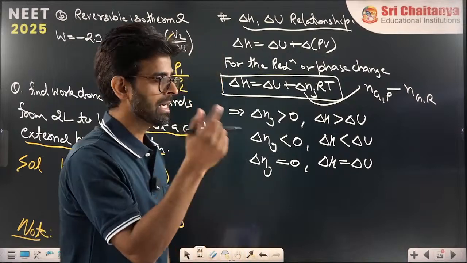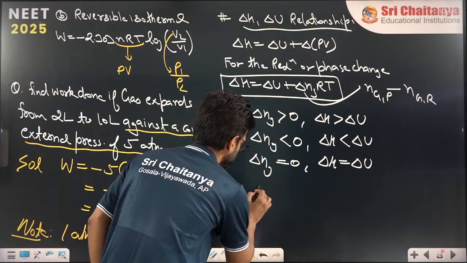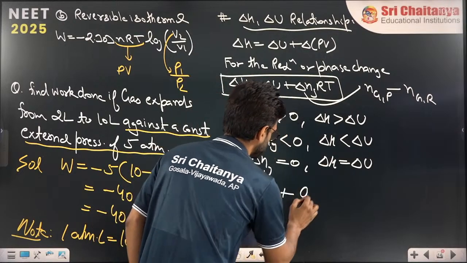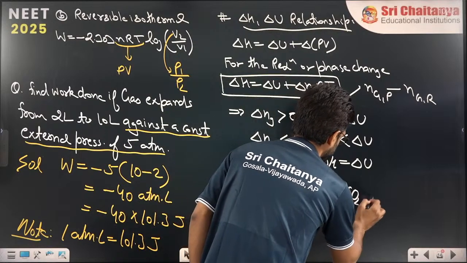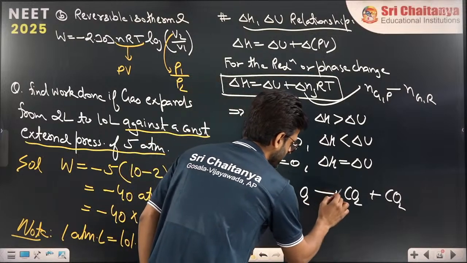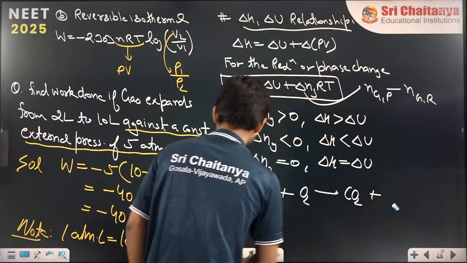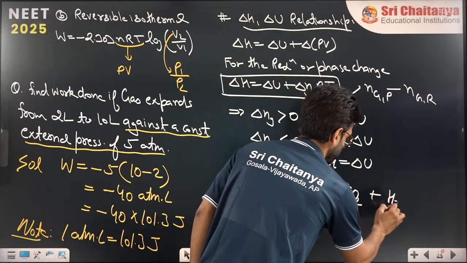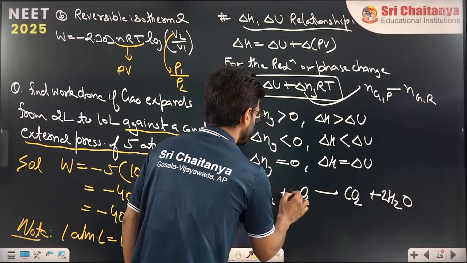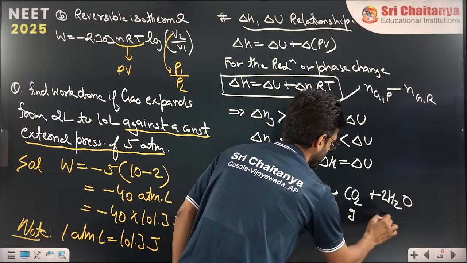Clear? Imagine I give an example: burning of CH4. We are doing combustion, CH4 plus O2 gives us CO2 and H2O. If you balance it, what is coming here? 2, and 2. CO2 is a gas, and H2O is a liquid.